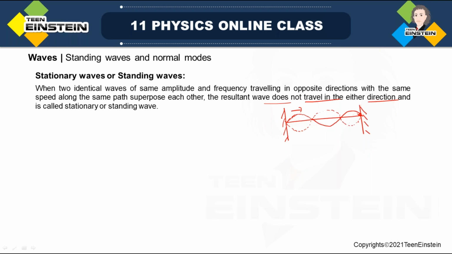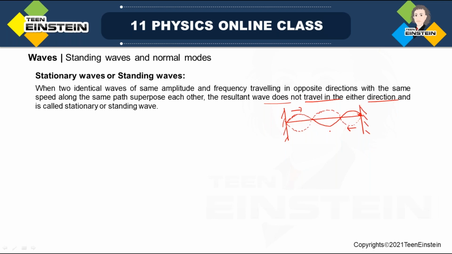Okay, so this is the reflected wave. This is, suppose, traveling in the opposite direction, and when they superpose, they will create a standing wave. Standing wave means, look, you can see here itself a standing wave has been created.